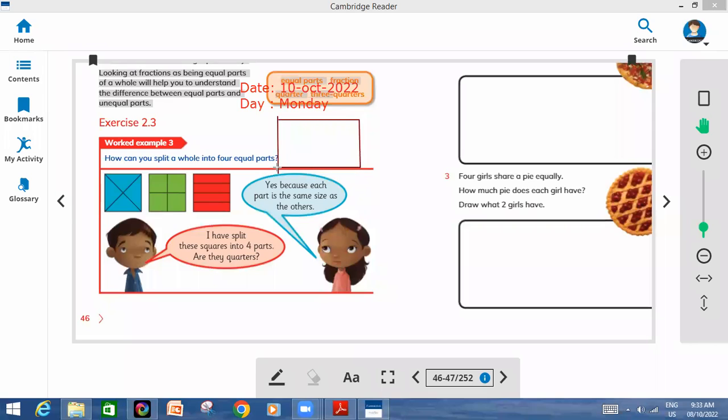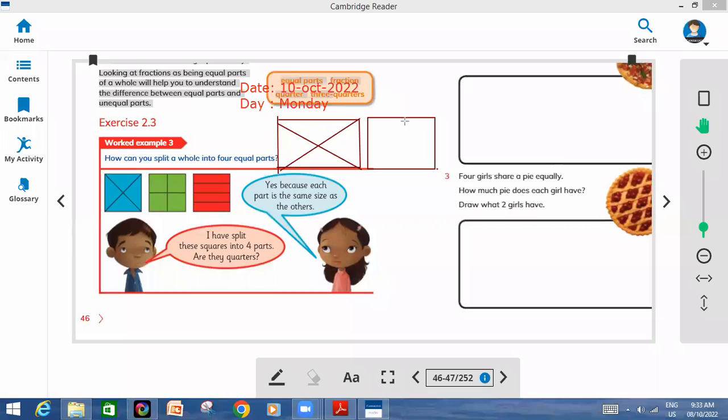Okay, so what you are going to do when you are dividing, it's easy. You can make it in equal parts with the help of two lines, or you can divide it here with the help of more than two lines.